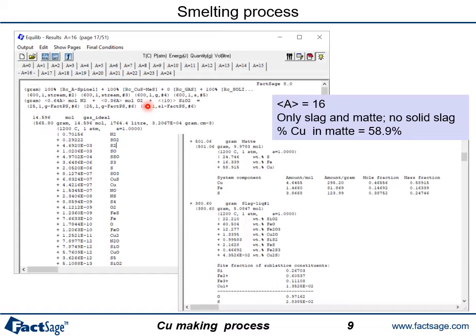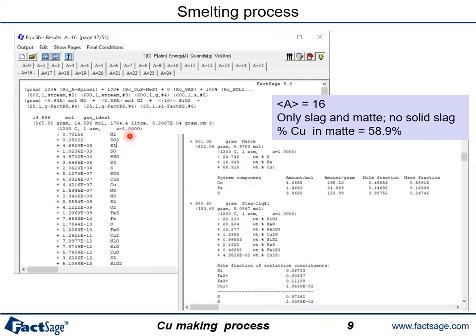So it's difficult to remove the slag from the furnace. So it is worthwhile to sacrifice a little bit of your matte grade to maintain everything in a liquid state.